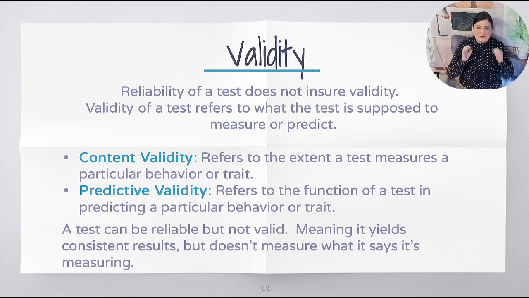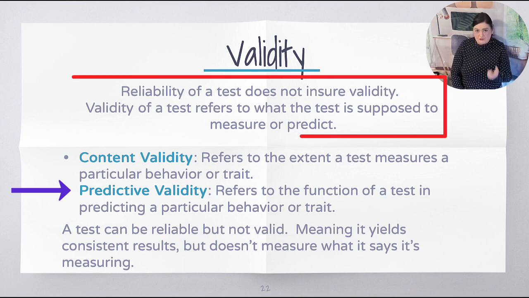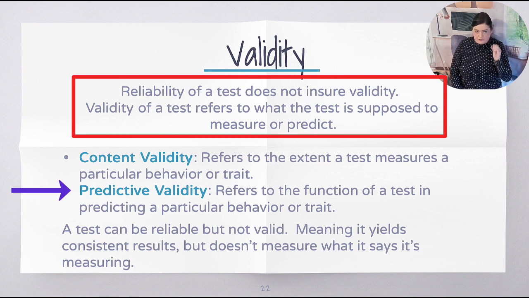Predictive ability refers to the function which has to predict a particular behavior or trait. If it's actually predicting and accurate, then it's valid and reliable. The reliability of a test does not ensure validity, though. In other words, a test can be consistent without testing what it's supposed to test.